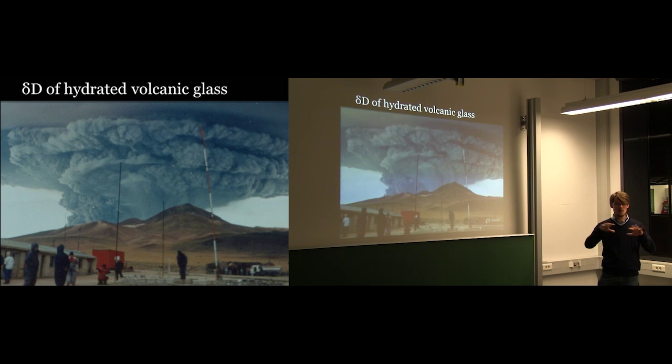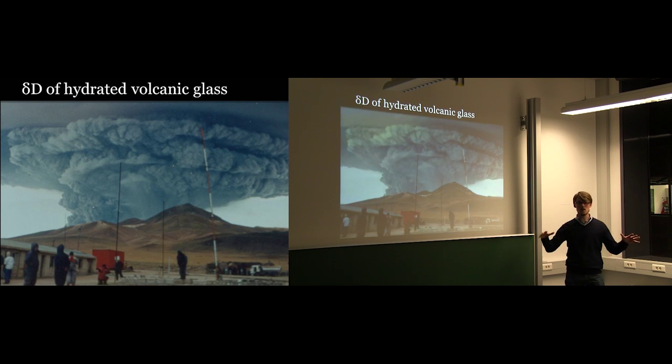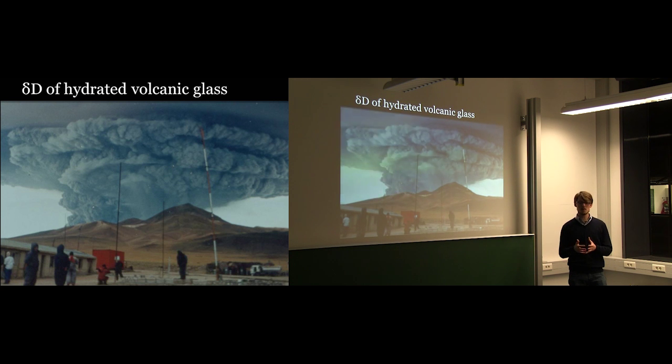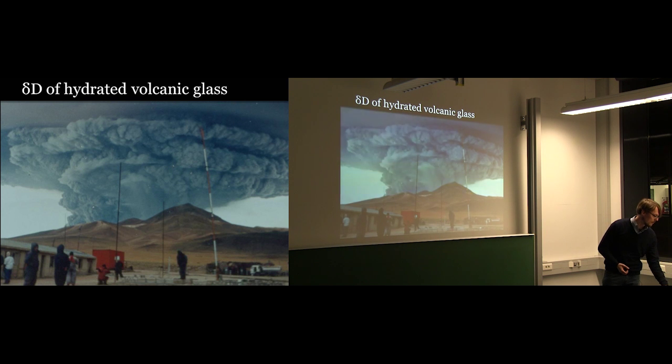And over time, when this settles and the rain is falling, this glass acts like a sponge. It actually wants to suck in water that it binds in the pore space of this hydrated volcanic glass. And this pore space is very stable, and this water is then trapped in this amorphous material.